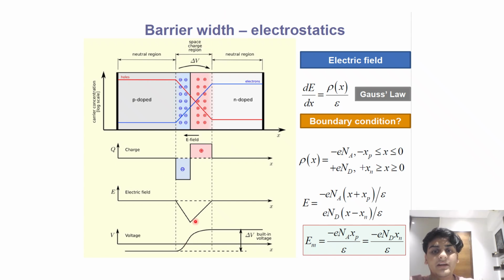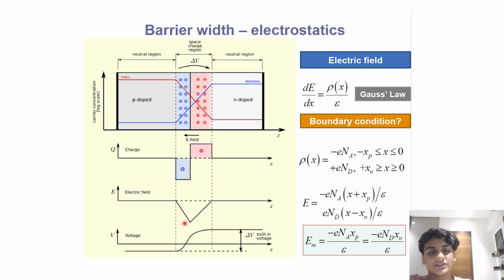So we want to come up with an expression for voltage. Now one way you can get voltage from electric field is you integrate this from minus xp to 0 and this from 0 to xn, and you get the voltage. But a cleaner way of doing that is just recognizing that integration is area under the curve.